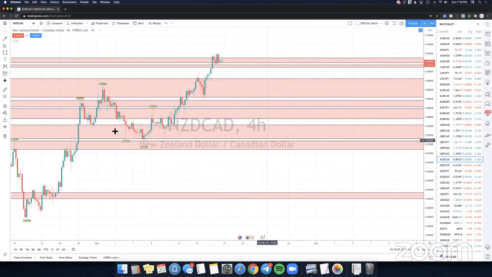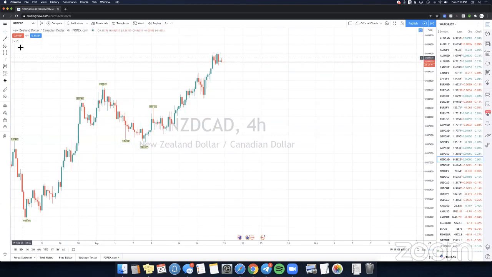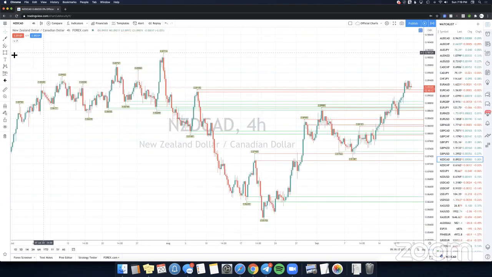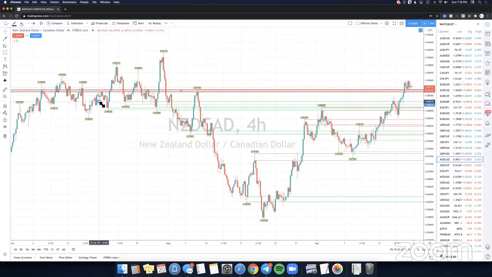So next pair is going to be the NZD pairs. They're usually some of the hardest ones to follow because you can see here they're a little messy. So let me just draw this right here. That's good.